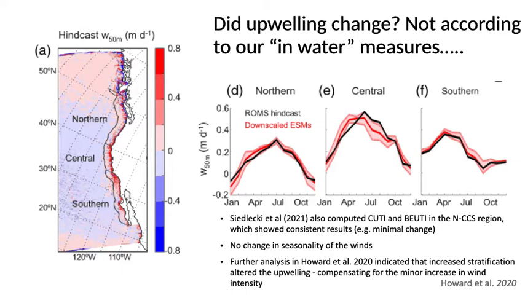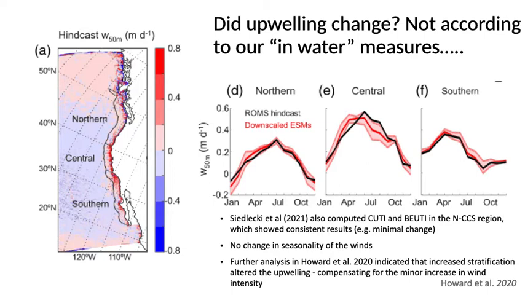While there was a small increase in the intensity of the winds, in-water measures of upwelling, which include a plot here that Evan showed of the vertical velocities at 50 meters, as well as some computed metrics called CUTI and BEUTI, which we also computed, did not show much change.